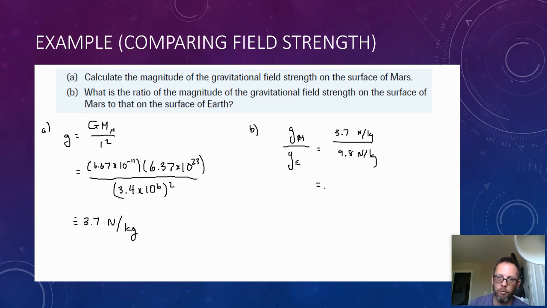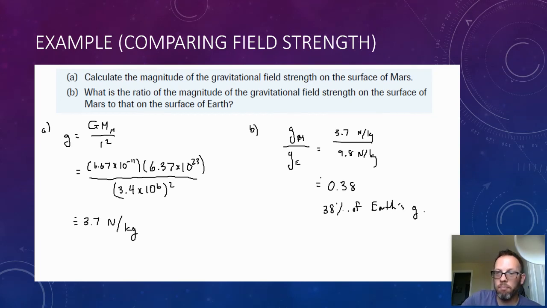So in terms of Earth's gravitational field, 3.7 divided by 9.8 is roughly 0.38. So it's like 38% of Earth's gravitational field strength.